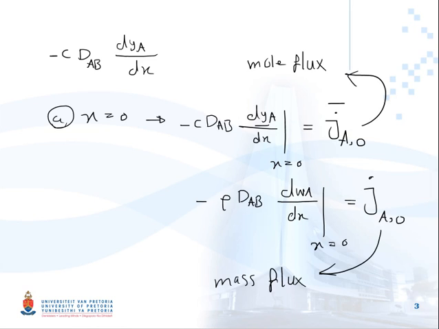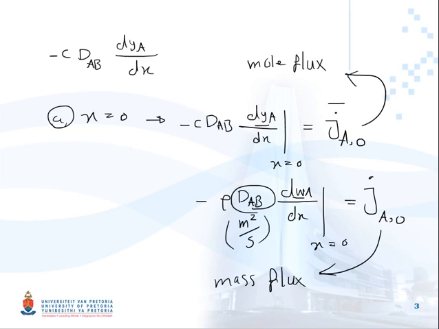Mole fraction. What was W? Mass fraction. What is DAB? Binary diffusion coefficient, or diffusion coefficient, or mass diffusivity. What was the unit of DAB? Meters squared per second.